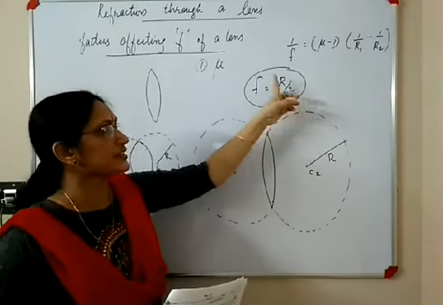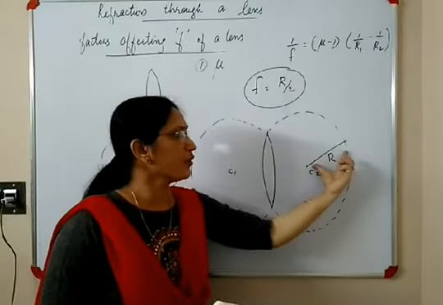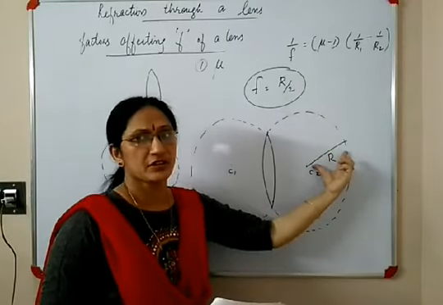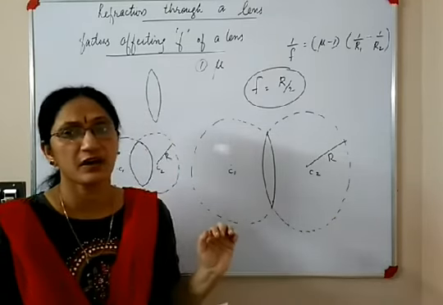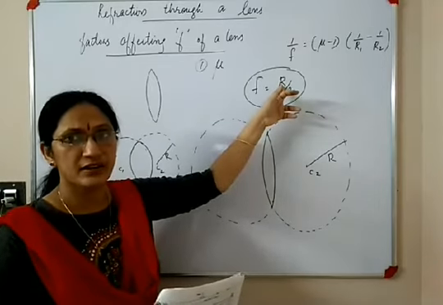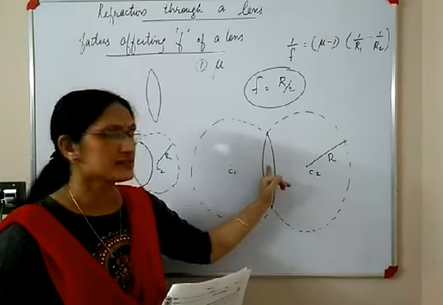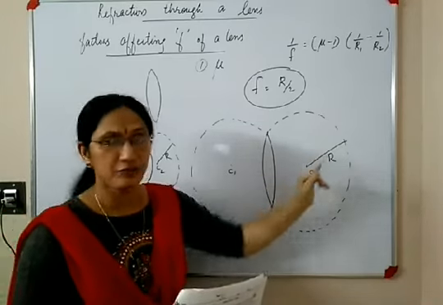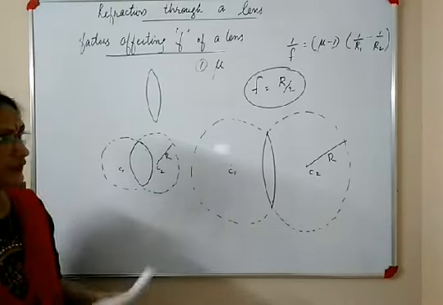Thin lens has more radius of curvature, so its half means focal length. The lens which has high R, radius of curvature, will have high focal length. So remember, a thin lens will have high focal length, a thick lens will have less focal length.